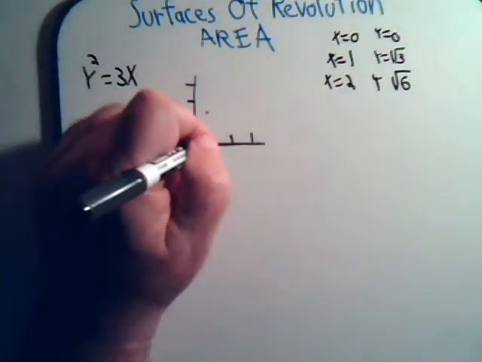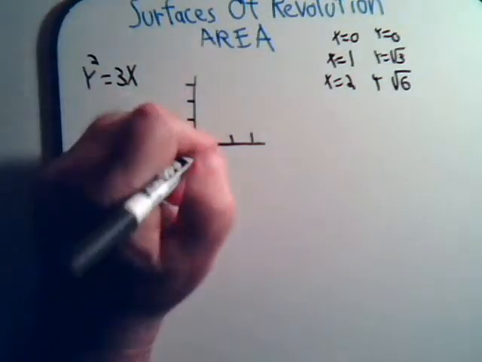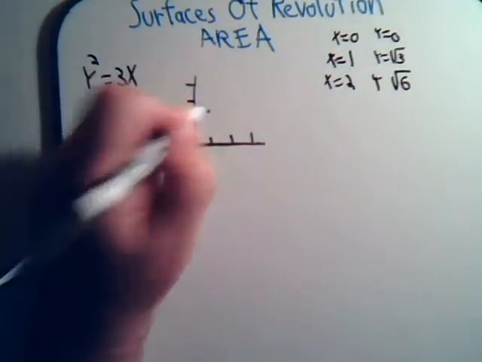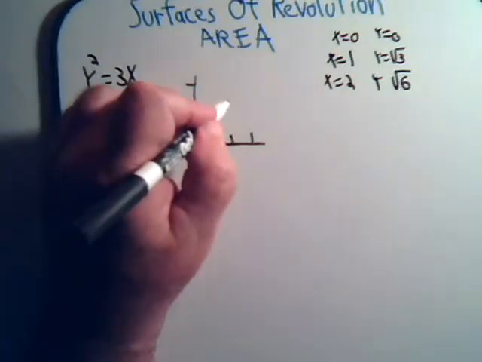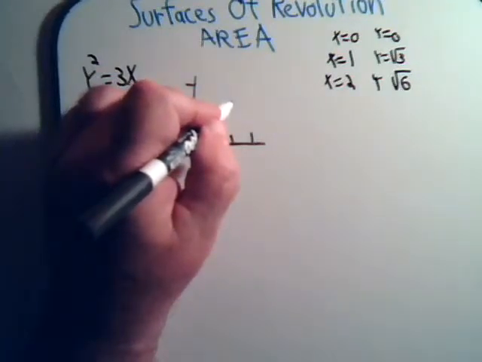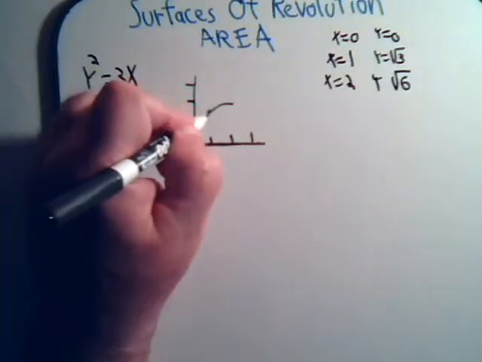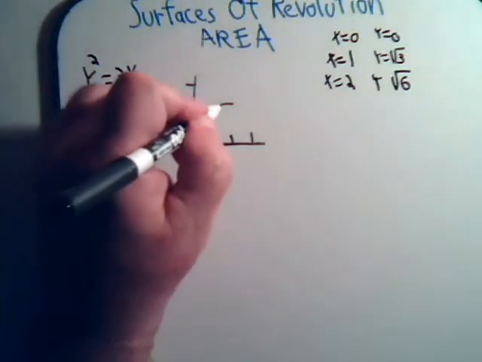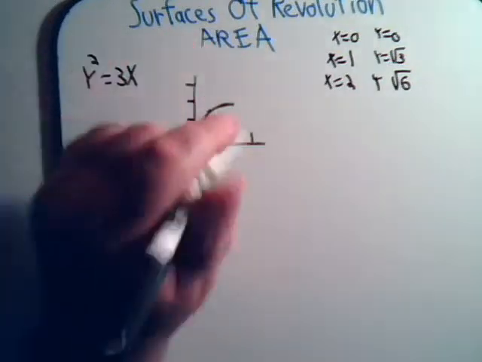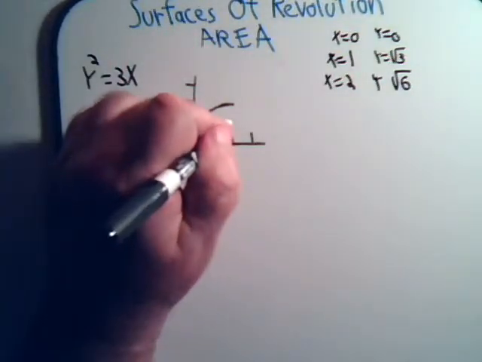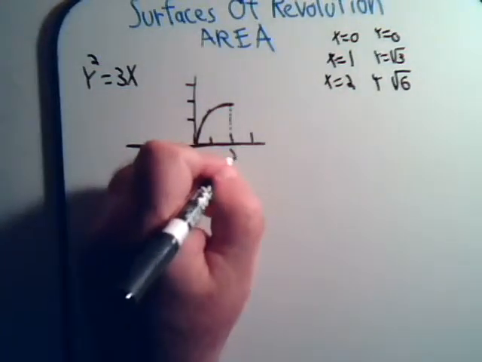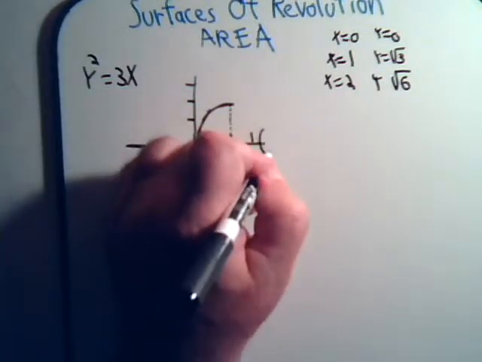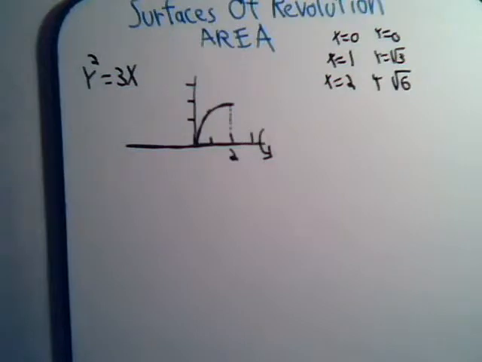And when x equals 2, y is the square root of 6, so that's not quite 2. So the curve is going to look something like that, and this is x equals 2, and it's going to be rotated about the x-axis.